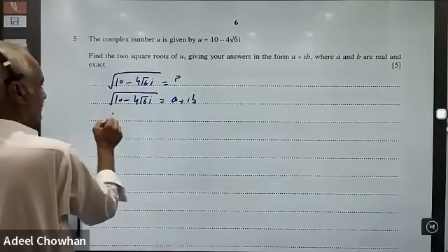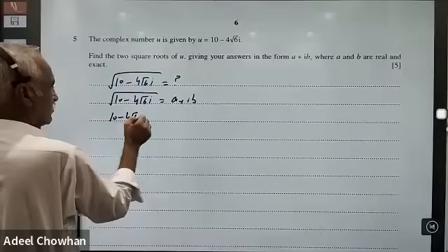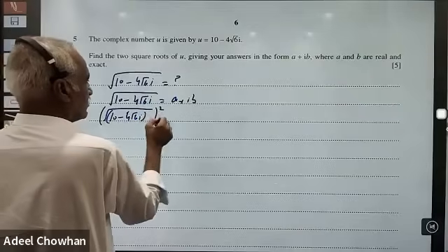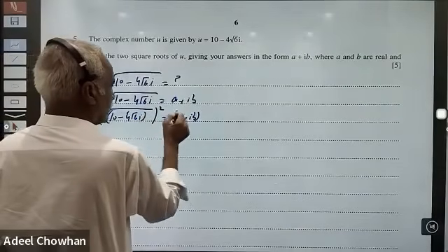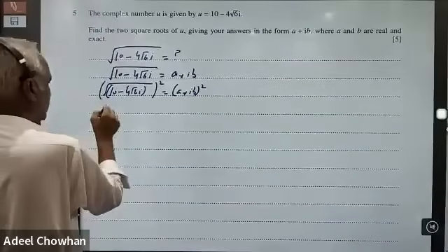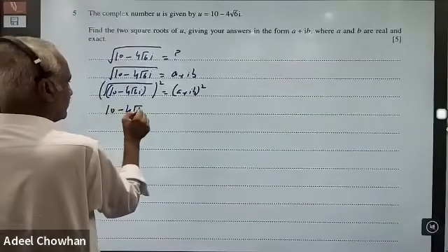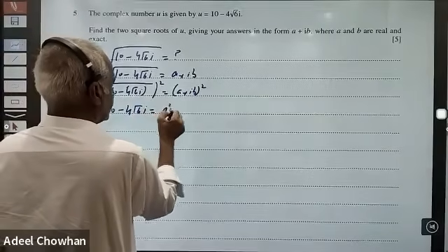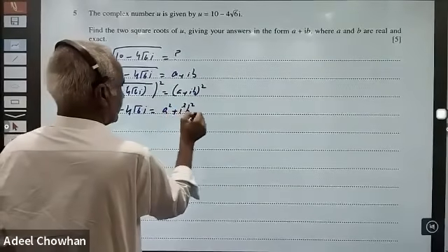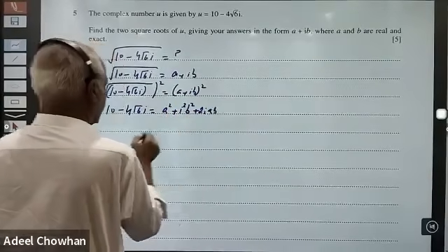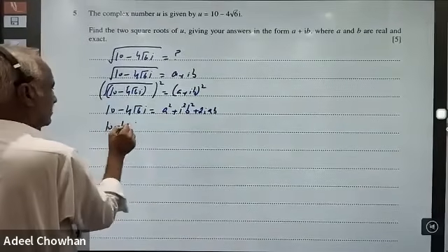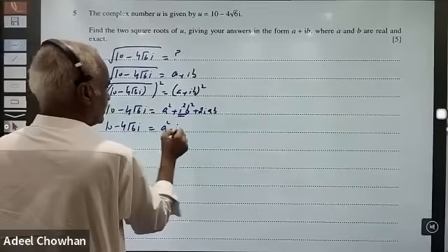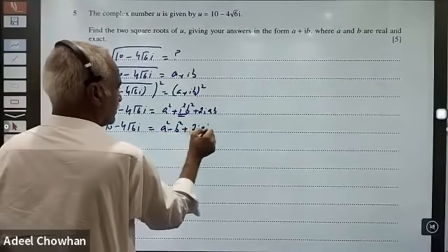Now taking the square on both sides, 10 minus 4 root 6 iota is equal to a square plus iota square b square plus 2 iota ab, or 10 minus 4 root 6 iota is equal to a square minus b square plus 2 iota ab.